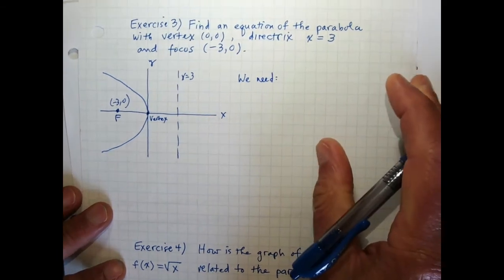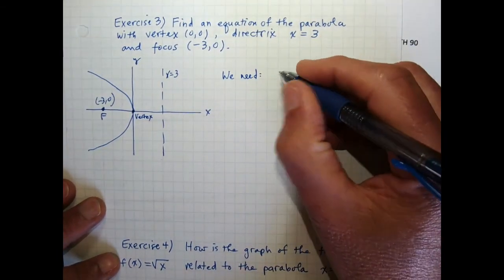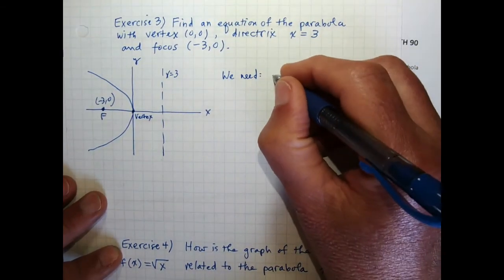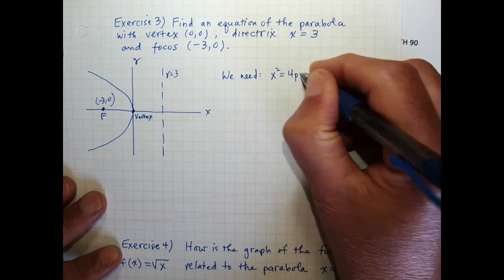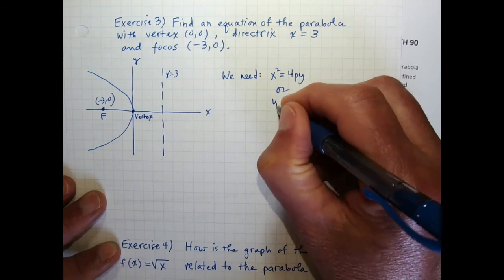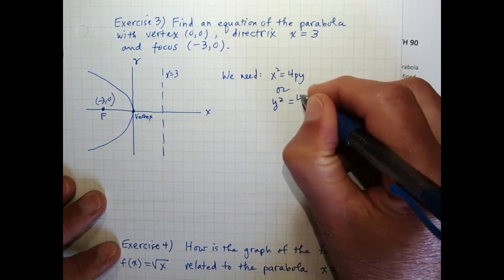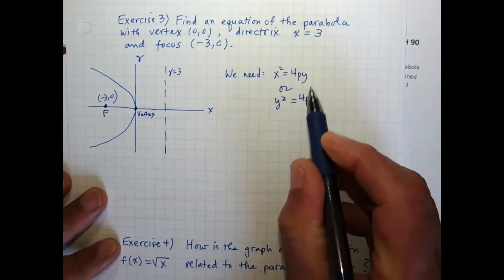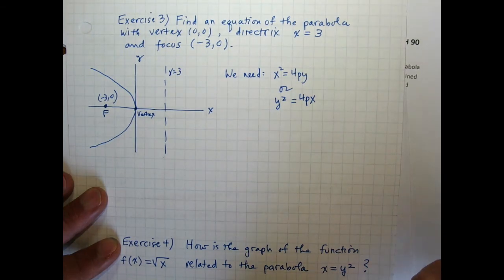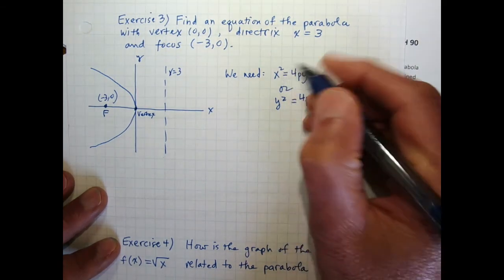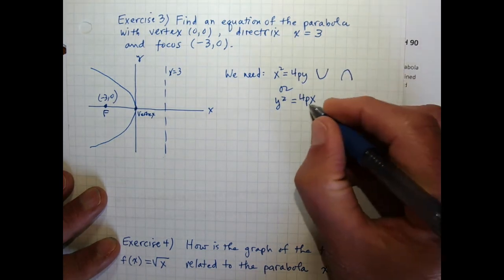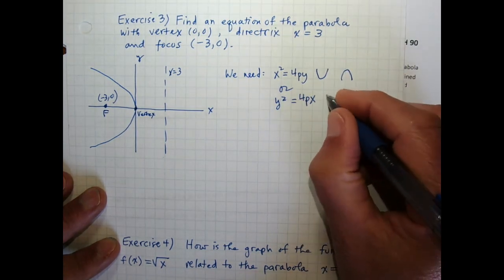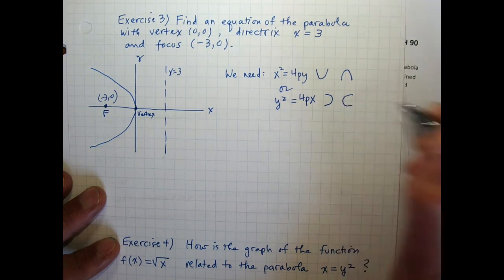So we need a standard form. And just be aware that you have to choose: do we want x squared equals 4py, or y squared equals 4px? You have to understand the difference between these two. When x is squared, the parabola is going to curve upward or downward. When y is squared, the graph is going to be a sideways parabola.